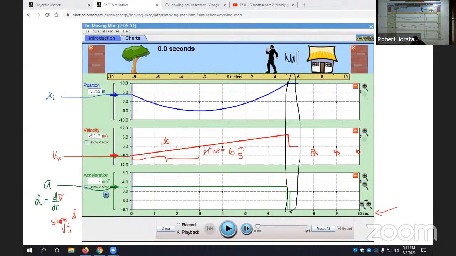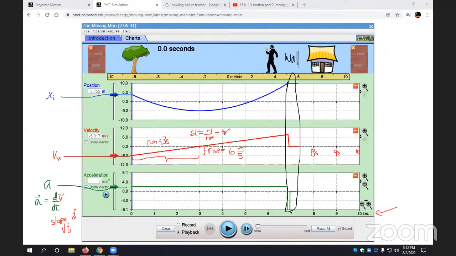Okay, what's the slope? And maybe that's where you were rushing ahead to the slope, right? Slope is rise over run. Sorry, it's so slow. All right, what's the slope going to be? 2 meters per second squared.